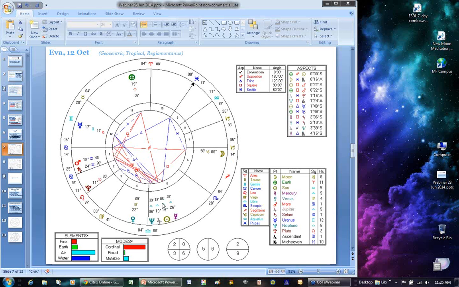Neptune is at 6 degrees. They are both on the cardinal cross. So that's one square. And then my Neptune also squares my ascendant, which is at 5 degrees. Neptune is at 6 degrees, and they're all on the cardinal cross. So I form a T-square, which makes Neptune even that much stronger in my chart.